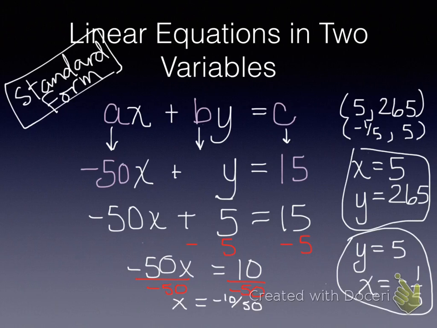This would be really great if we were in the classroom. We could look at each other's solutions. And you want to convince yourself that whatever number you choose for either of those, you could find a pair. So there really is an infinite number of solutions to an equation like this.